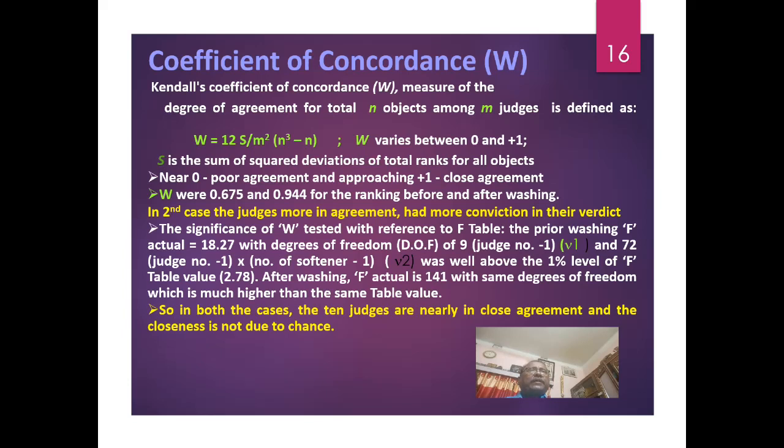After washing, F actual is 141 with the same degrees of freedom, which is much higher than the table value. So in both cases, the 10 judges were in close agreement, and the closeness is not due to chance.